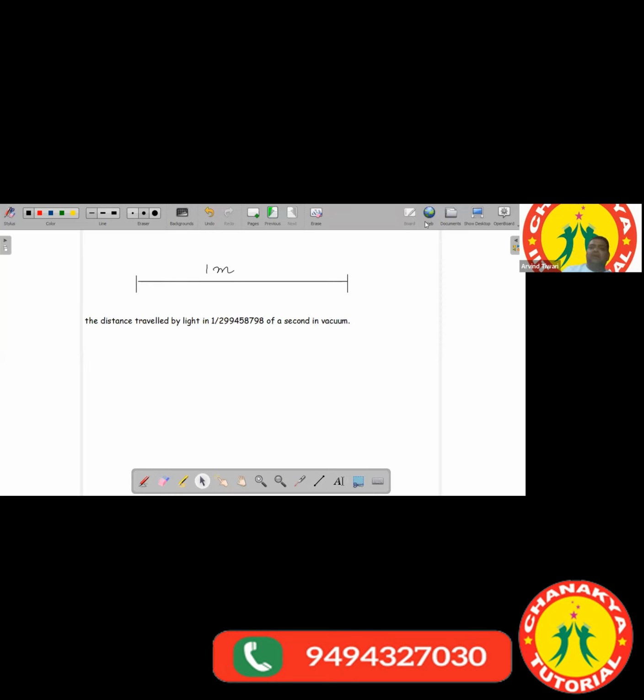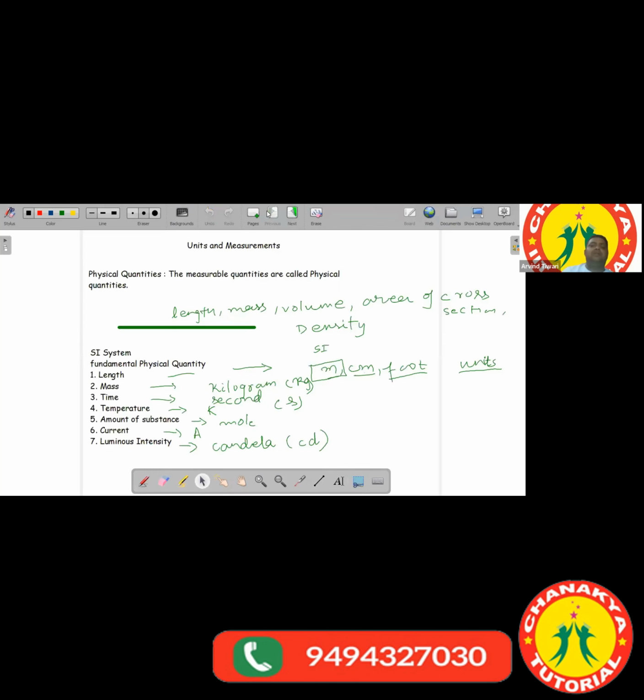In a similar way, the SI system defines the other units also. Mass is measured in kilogram, and in the same way the SI system defines 1 kilogram. So how can you say 1 kilogram? 1 kilogram is defined as a prototype of mass.